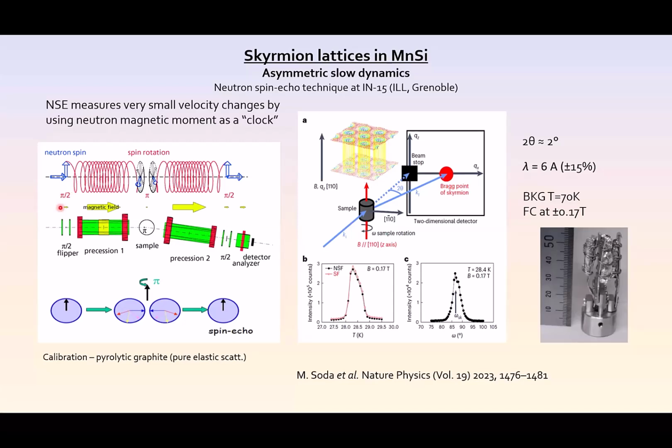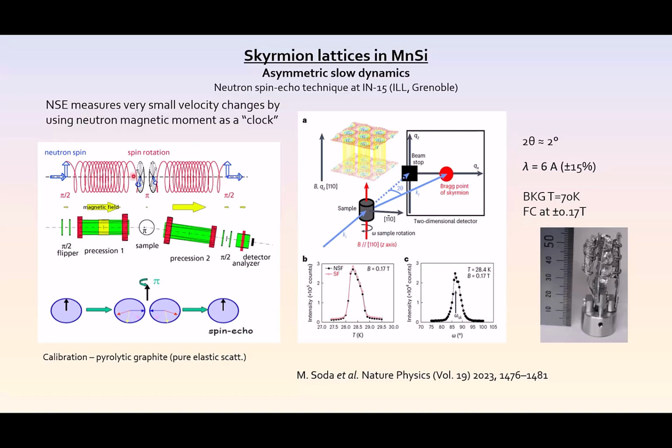With a pi/2 flipper, you orient all spins of the neutrons before this precession in the magnetic field, and then it goes to the sample. And here a pi flipper changes the phase of this rotation by 180 degrees, and they start to rotate in the other direction.